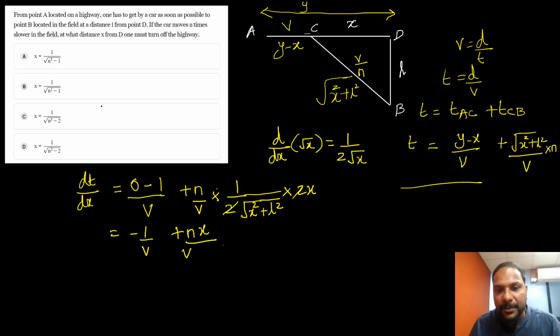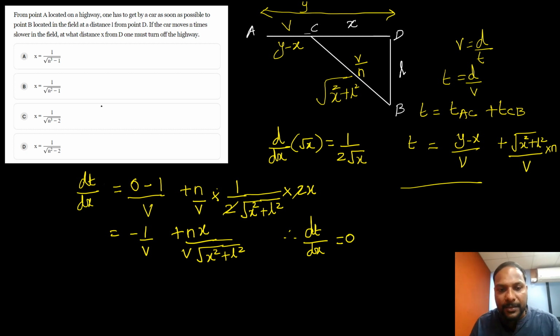So my equation will be reduced to minus 1 by v plus n x by v into the square root of x square plus l square. Now for maximum or minimum, what is our condition? dt by dx should be equal to 0.